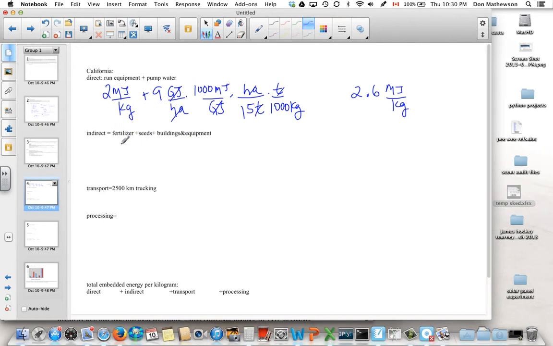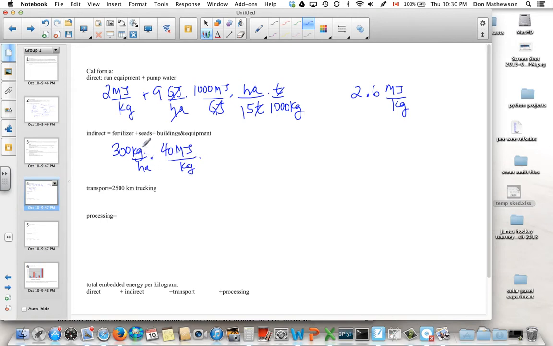Okay, so for the fertilizer, we said about 300 kilograms of nitrogen fertilizer for every hectare in production. Now, that fertilizer, it takes about 40 megajoules to produce a kilogram of it. That's per kilogram of fertilizer, not per kilogram of product.